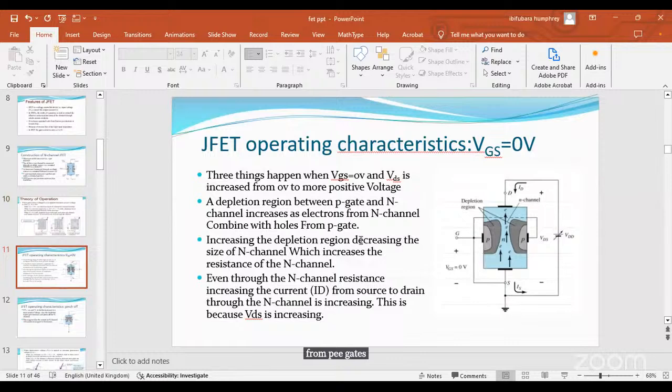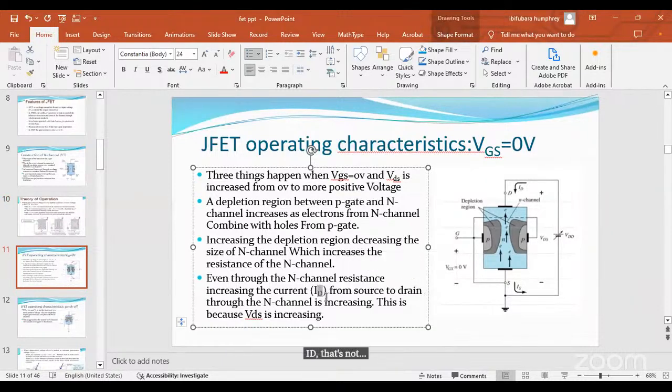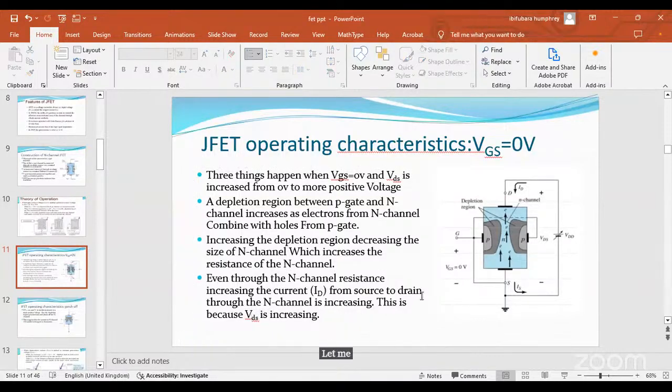Increasing the depletion region decreases the size of the N channel, which increases the resistance of the N channel. Even though the N channel resistance increases, the current ID, from the source to the drain through the channel, is increasing. This is because the VDS is increasing. Now, let me explain this to you.